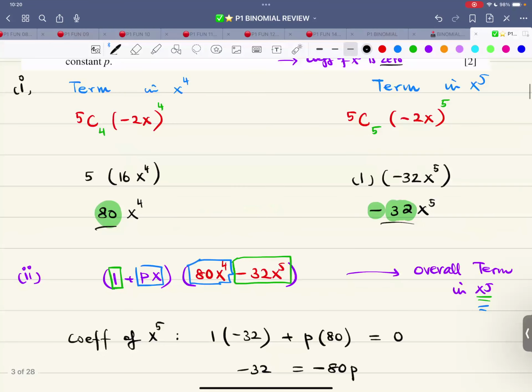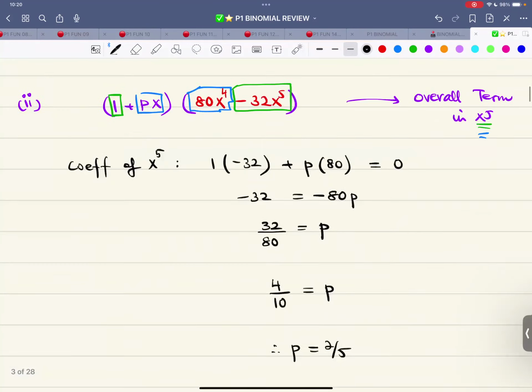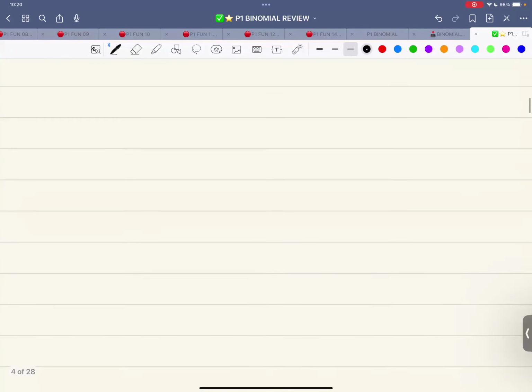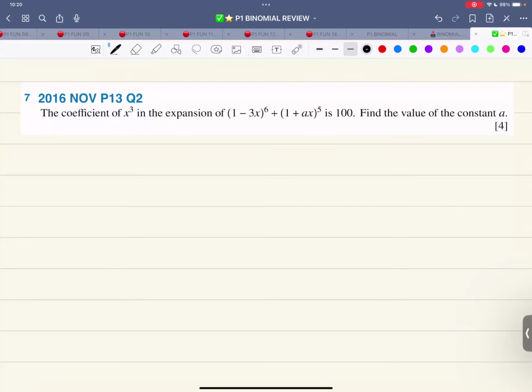So now that is question number 1 of binomial. I hope you have understood it thoroughly. Very, very basic idea. Now, another question. Similarly, in the same pattern, the coefficient of x cube in the expansion of these two brackets added together is 100.